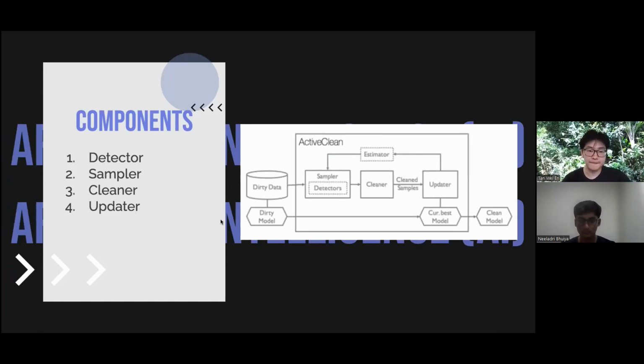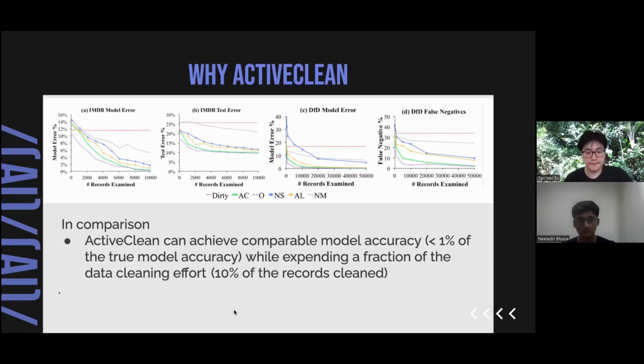Sorry, can you go back to the previous graph and explain a little bit more? What are dirty, AC, O, NS, AL, and N? AC is ActiveClean, NS is naive sampling, AL is active learning, and N is naive mix.